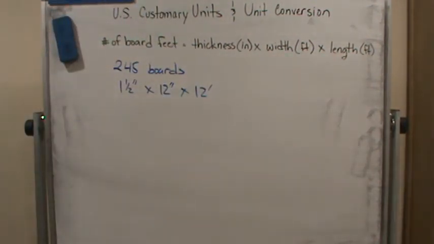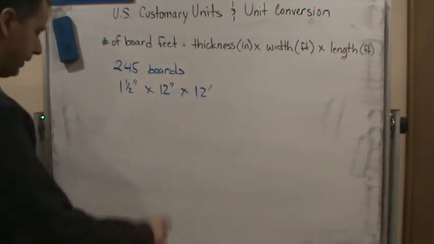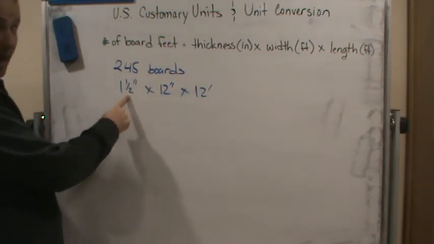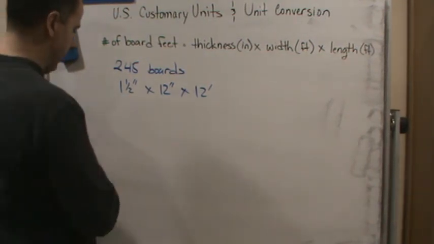Okay, so now remember, thickness is in inches, width and length must be in feet. So now remember, we're not going to use 1.5, we use 2 here, right?